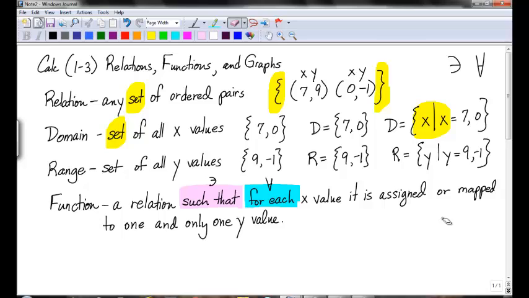You may have learned it differently in Algebra 1. I just say for every x value, it can be mapped to one and only one y value.